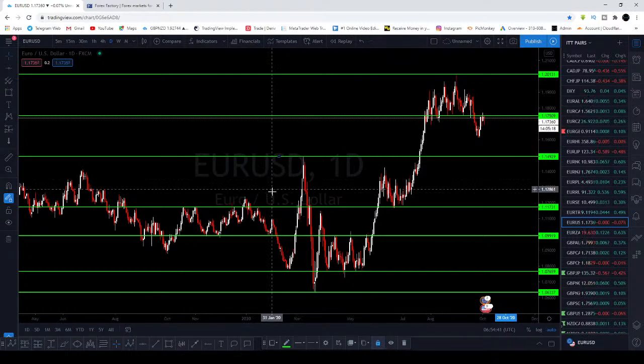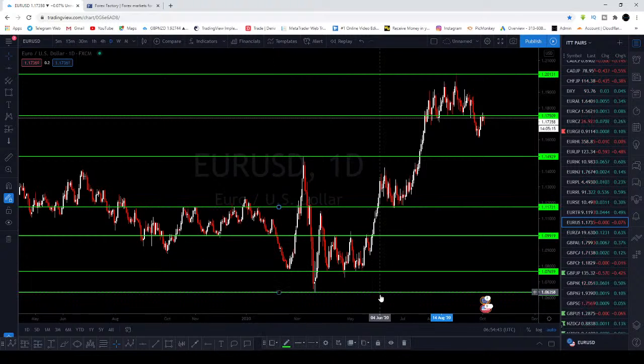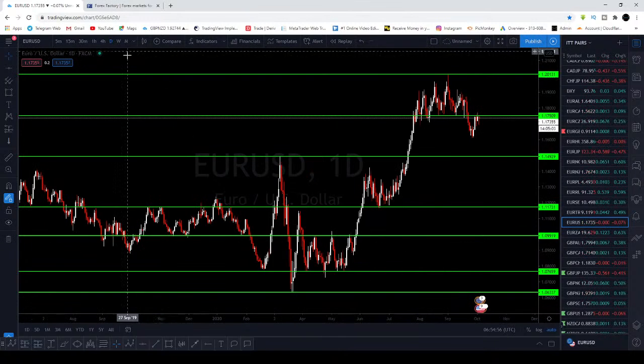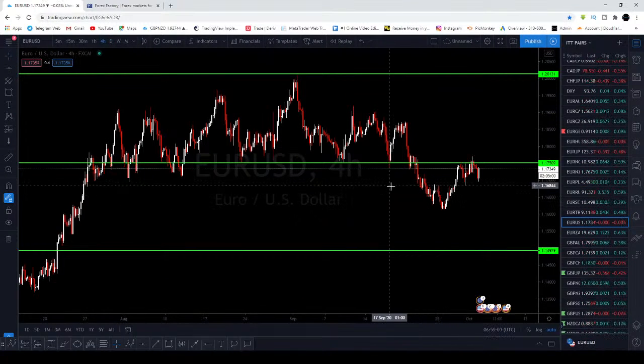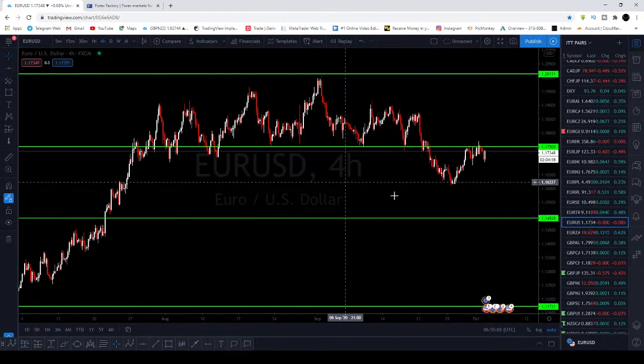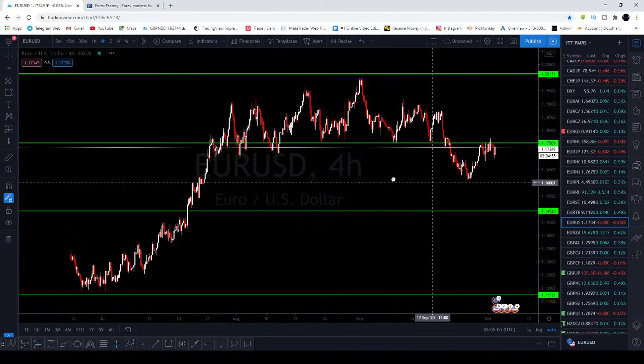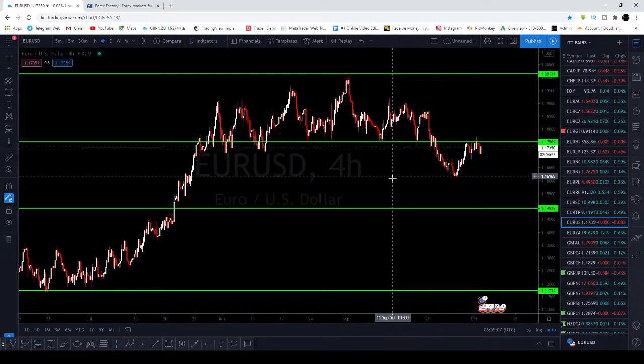After I put my support and resistance lines on EURUSD, remember there are some factors you're supposed to be looking out for when you come down from the daily time frame, right? Of course, we will not be saying everything here. As you can see, this is the 4 hour time frame.